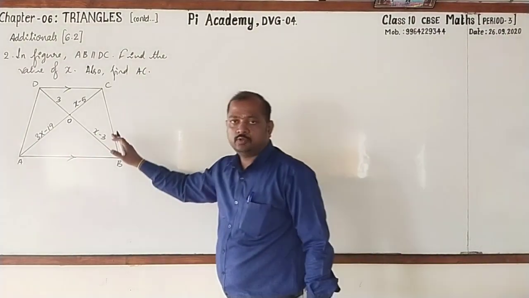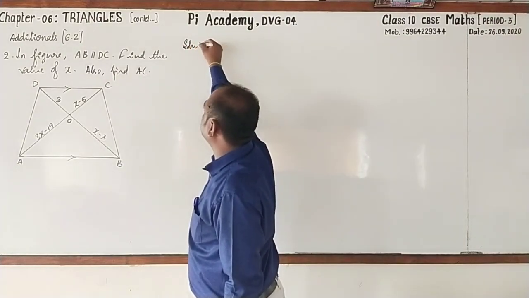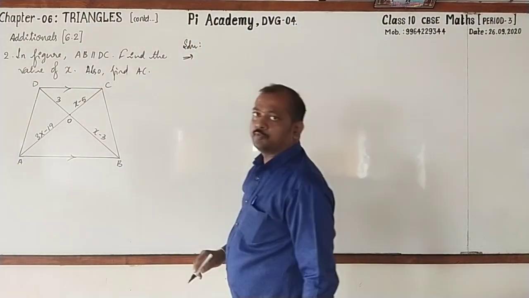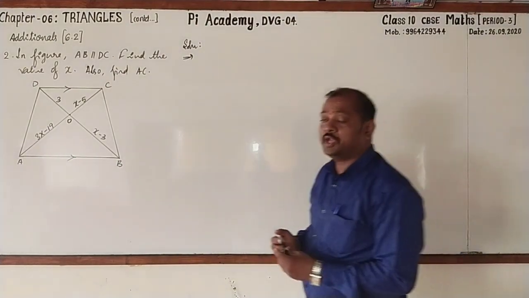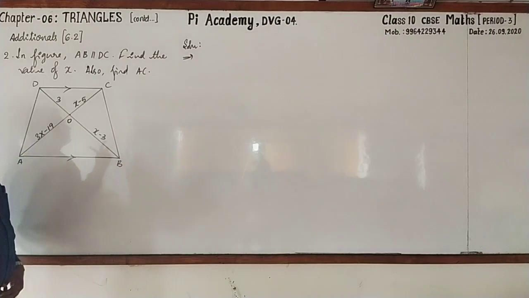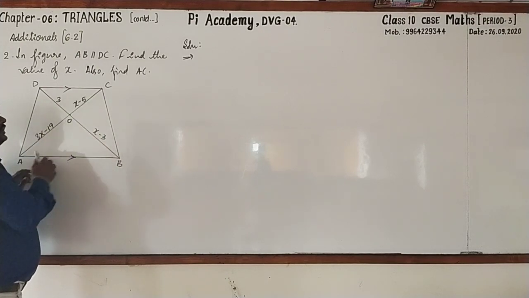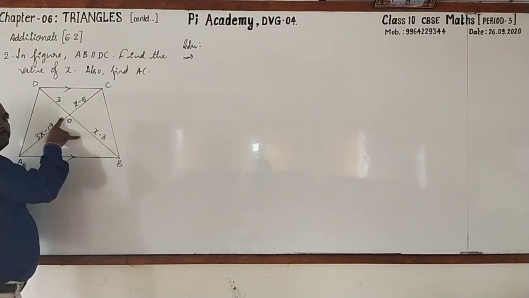As pausing the video, you may copy this. Then after copying, start writing the solution with me. How do you go for that? We have learned one important statement. That was the second problem from the last in the exercise number 6.2. That is, when the diagonals intersect each other and these parts will be in proportion.